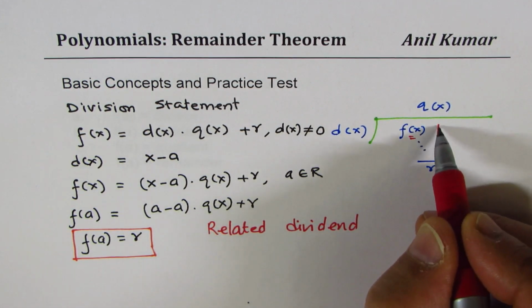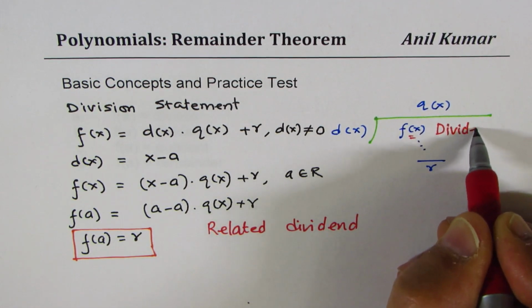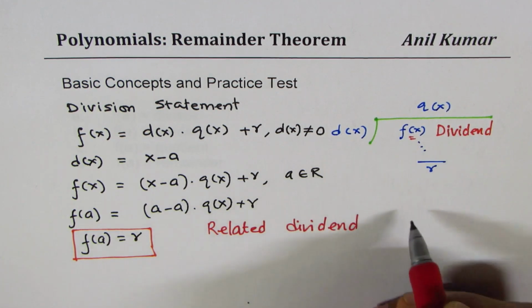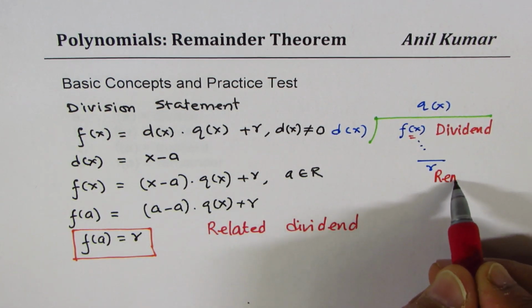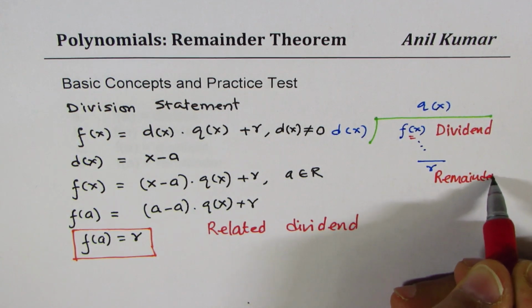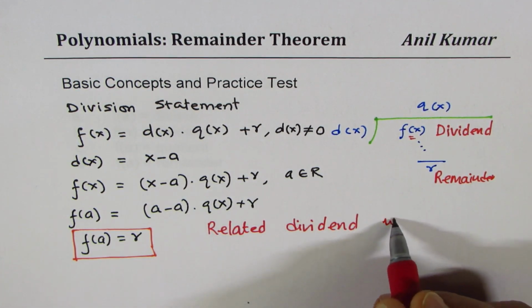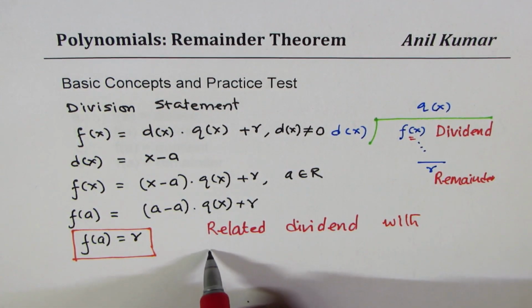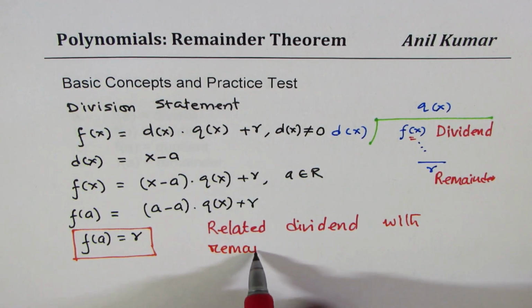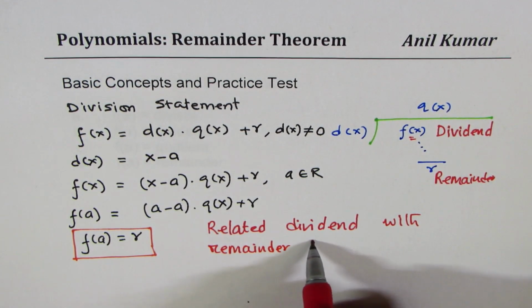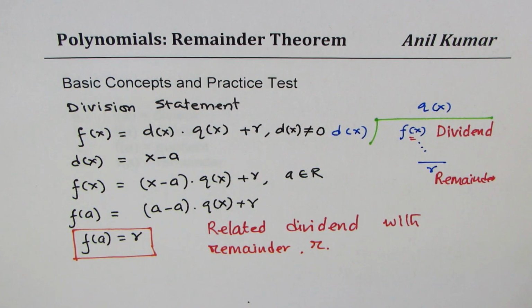So we have related this dividend with remainder r. Is that clear?